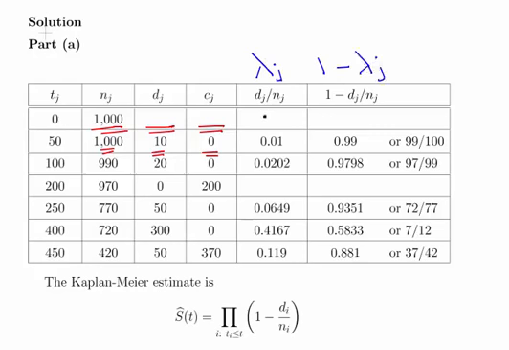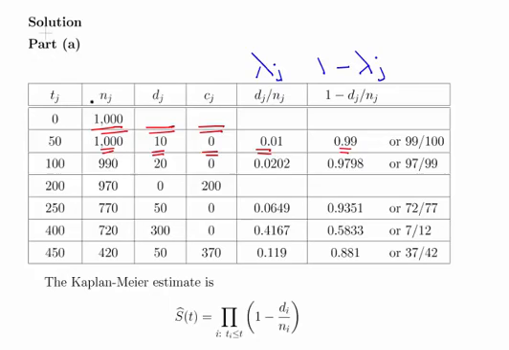That's the estimate for the event probability. What is our estimate for a light bulb breaking down in that interval between 50 and 100 hours, and the probability of it surviving? It's 0.01 for failure and 0.99 for survival, respectively.